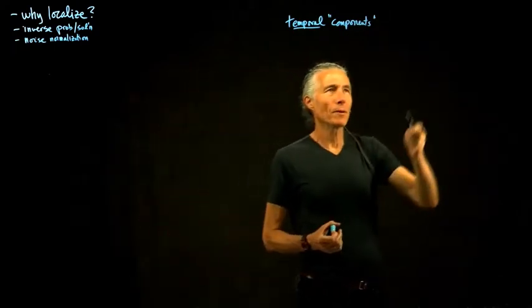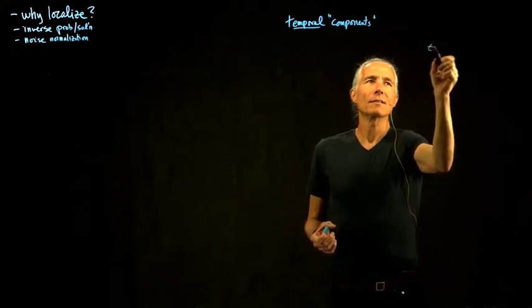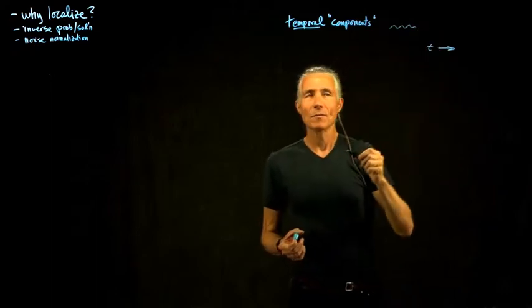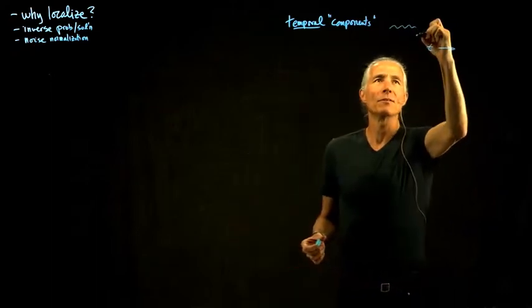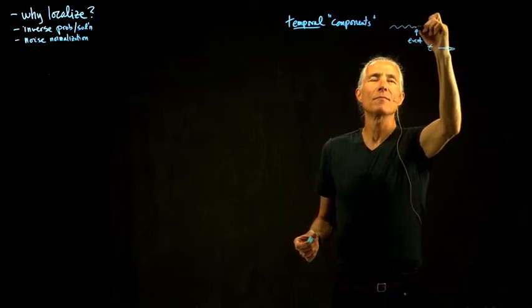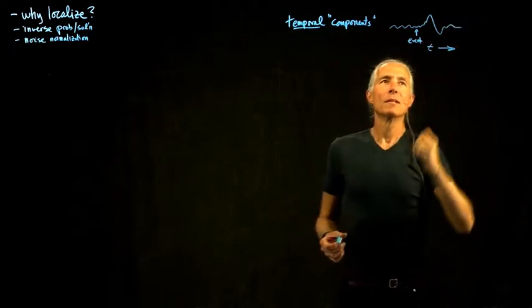And what are we talking about here? Typically, across time, we have some time average signal before the event, and so here's an event, and then after that event, we see some sort of evoked potential.